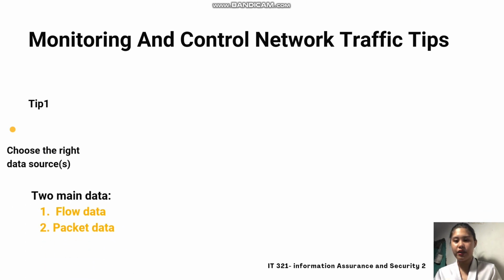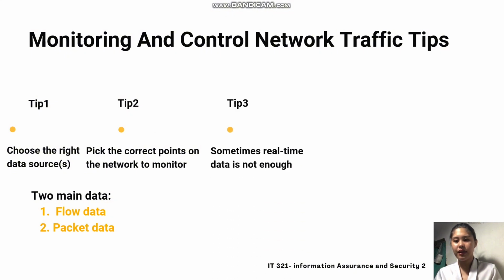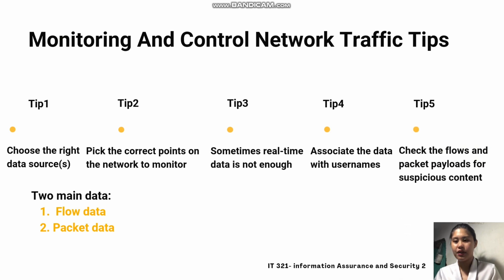Number 1 is flow data, second is packet data. Tip 2. Pick the correct points on the network to monitor. Tip 3. Sometimes real-time data is not enough. Tip 4. Associate the data with usernames. Tip 5. Check the flow and packet payloads for suspicious content.